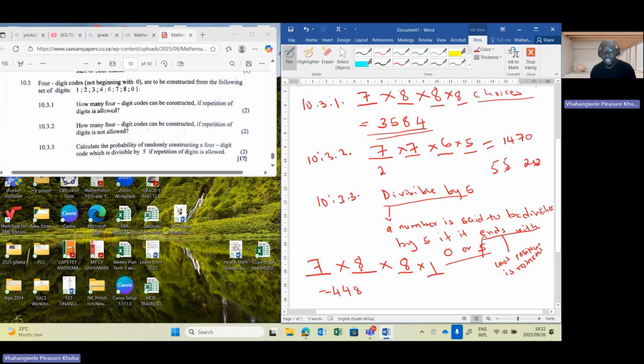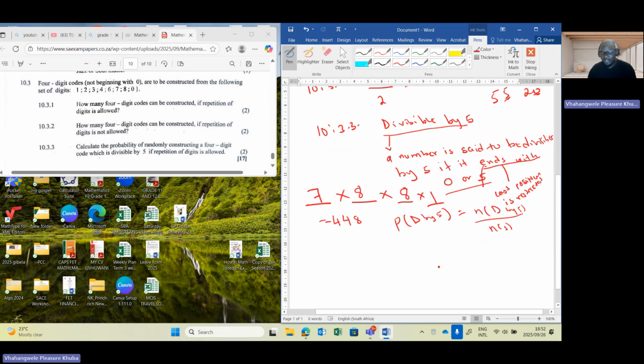But these are just the outcomes, right? We need the probability of divisible by 5. The probability of divisible by 5 is equal to the outcomes of numbers divisible by 5 divided by the total. What is the total? Your total is from question number 1. There we go.